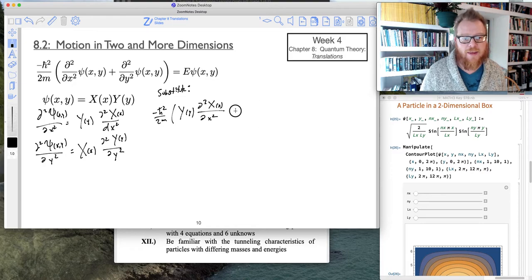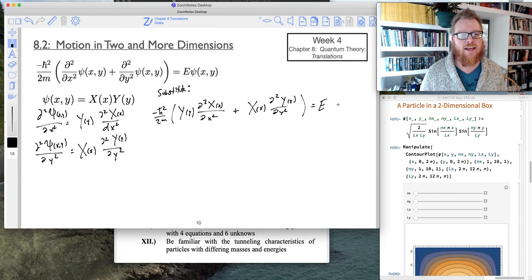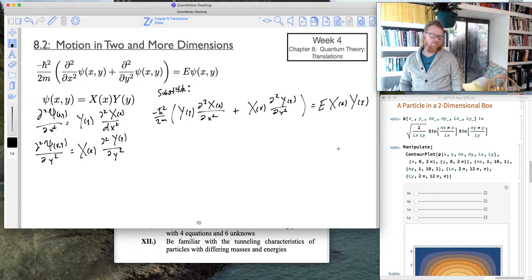Great. And then plus, here is the y term, and I can write that now in terms of this separable solution, ∂² over ∂y². And then of course that's still all going to be equal to Eψ, but now instead of writing it as Eψ, I'm going to write it as E times X(x) times Y(y), okay?